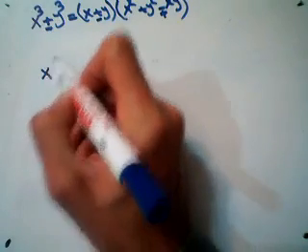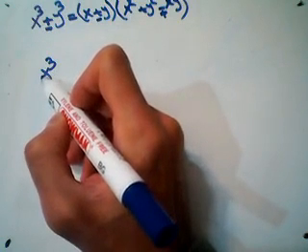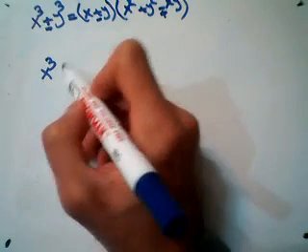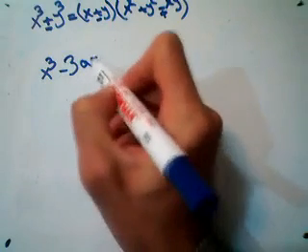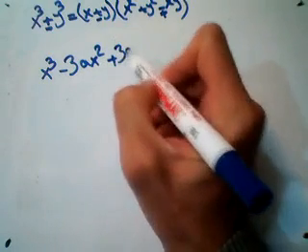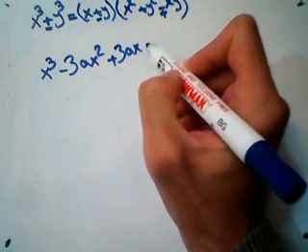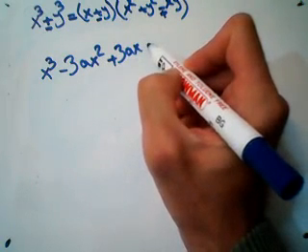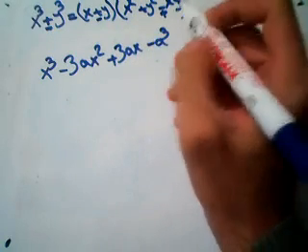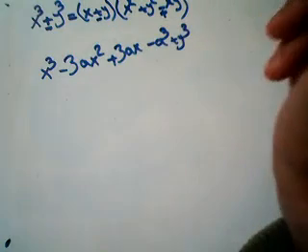x cubed minus 3a x squared plus 3a x minus a cubed plus y cubed. Now factor this.